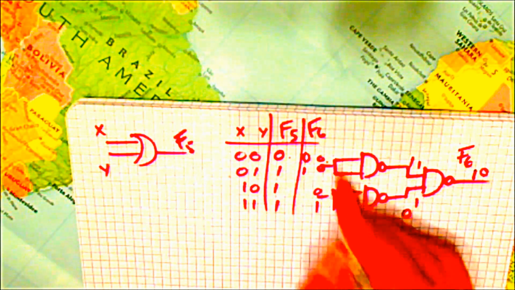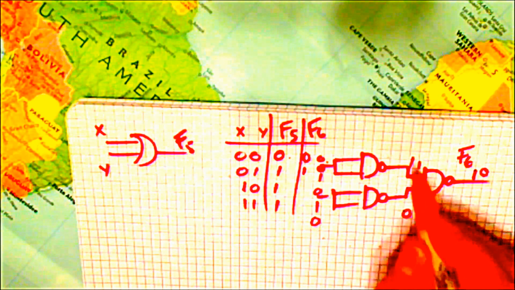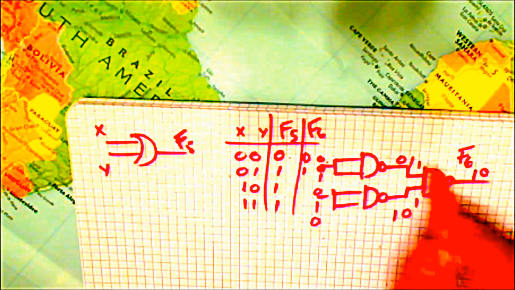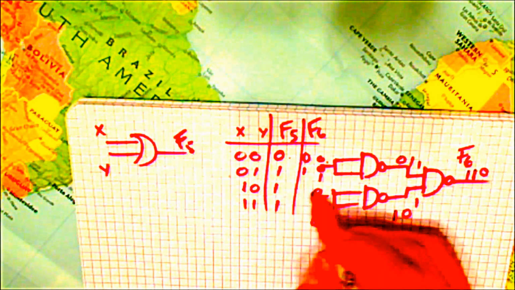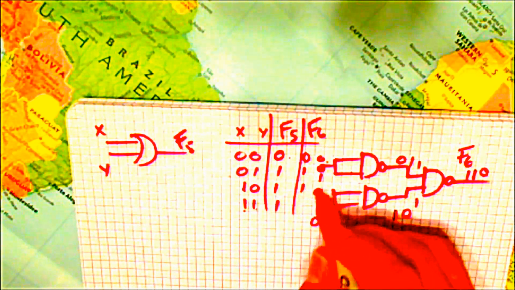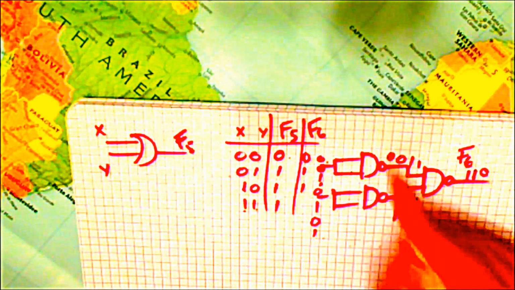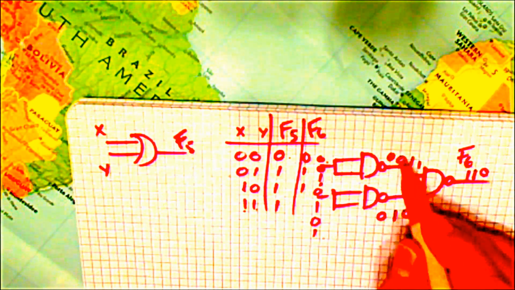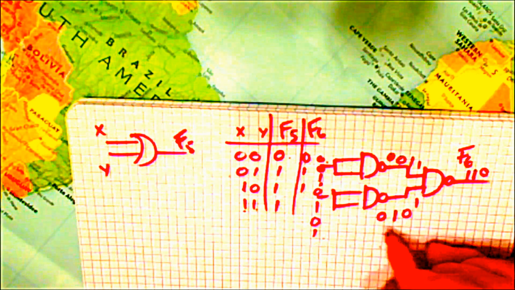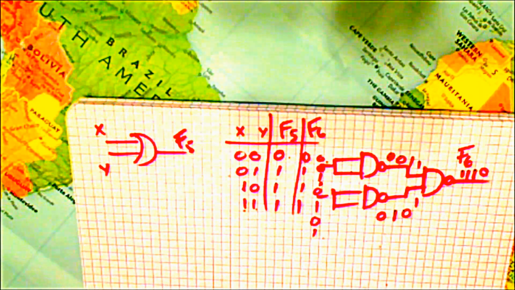So far, so good. And then we're going to go to 1, 0, which will produce 0, 1, and 0, 1 produces a 1. So far, so good. And then we go to the last one, which is 1, 1, which produces 0, 0, and 0 NAND 0, again, produces a 1. So we are right on the money.